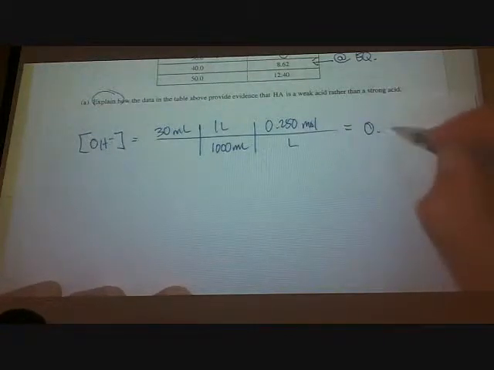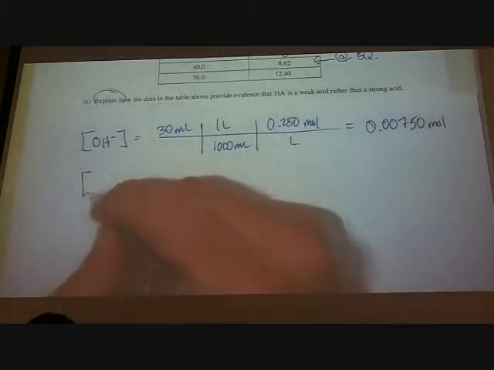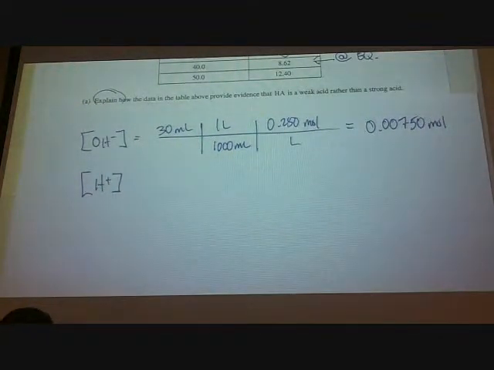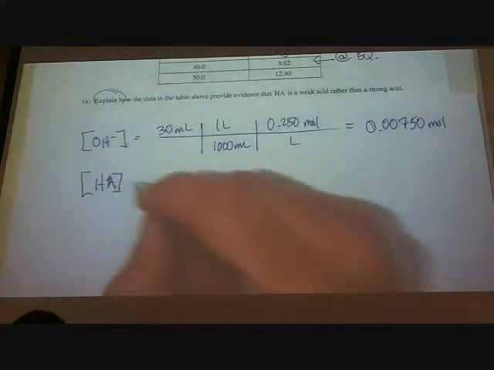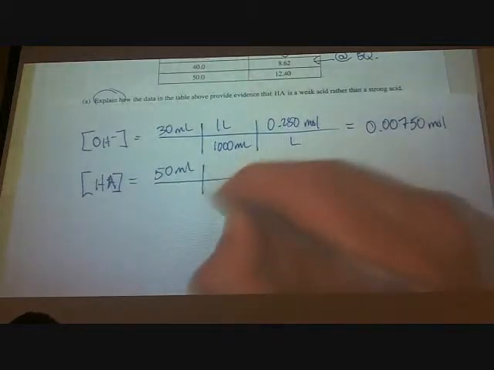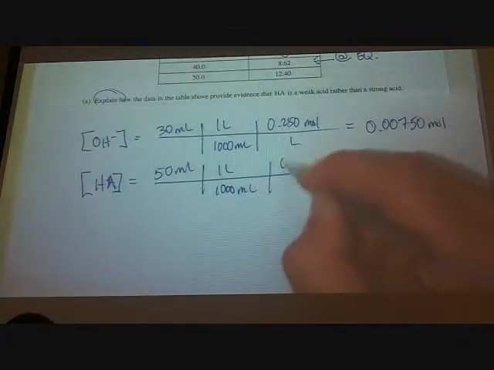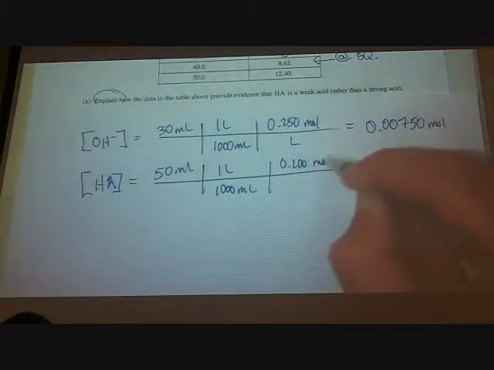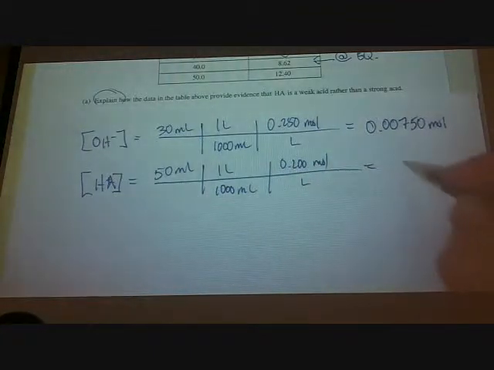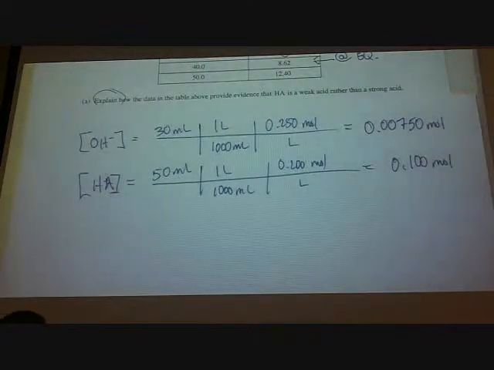So again, when we're doing titration, let's find out how many moles we have. And then for the hydrogen, don't care about the HA. It could be HA. 50 milliliters, 0.2, and that is 0.01. So what do we do with the moles?